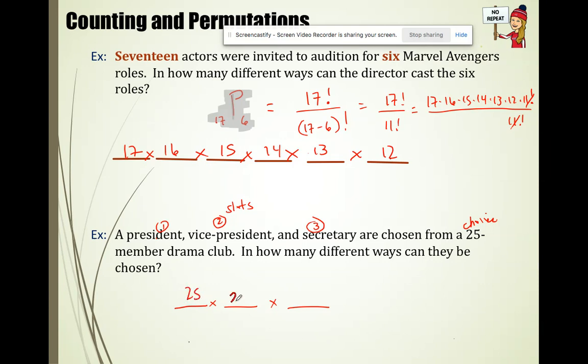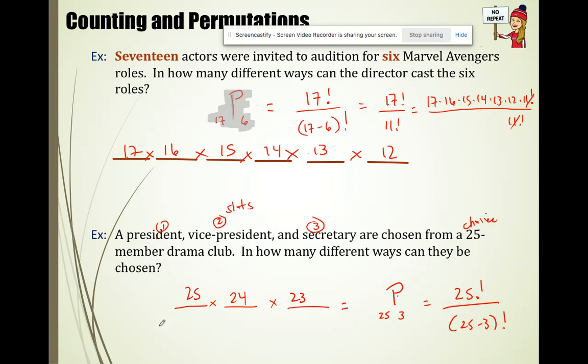But by formula, that is the arrangements of 25 people into 3 slots, which is 25 factorial divided by 22 factorial.